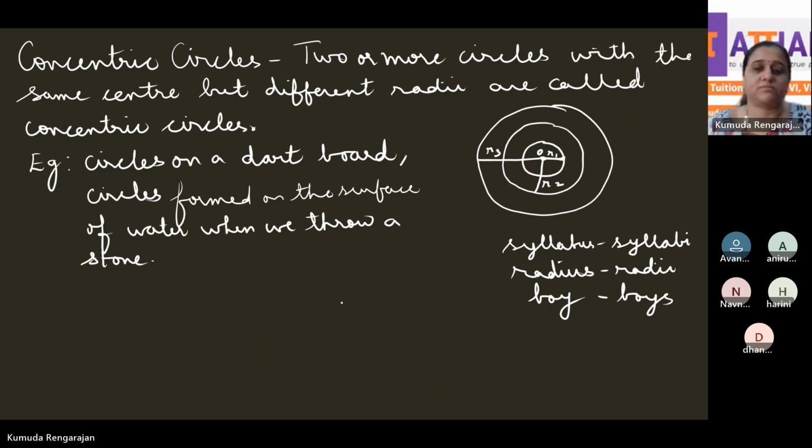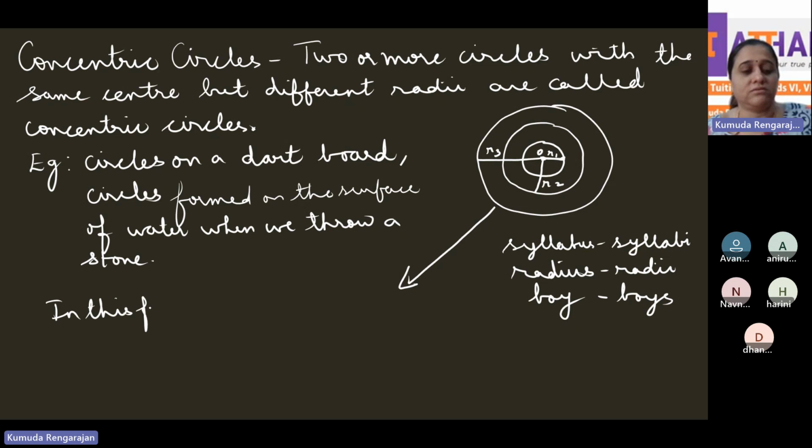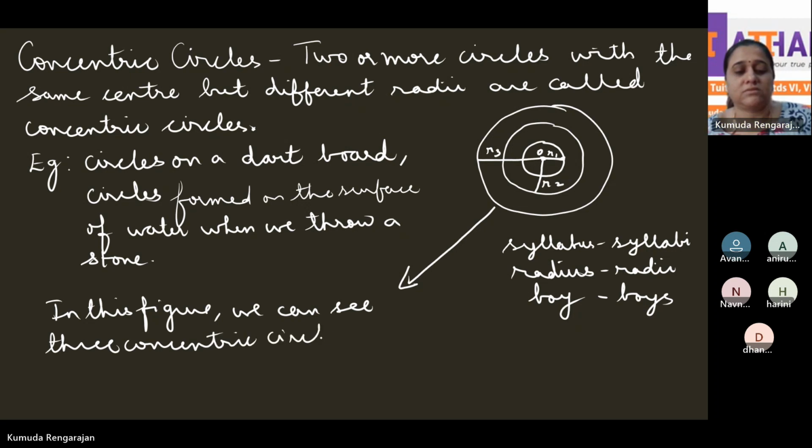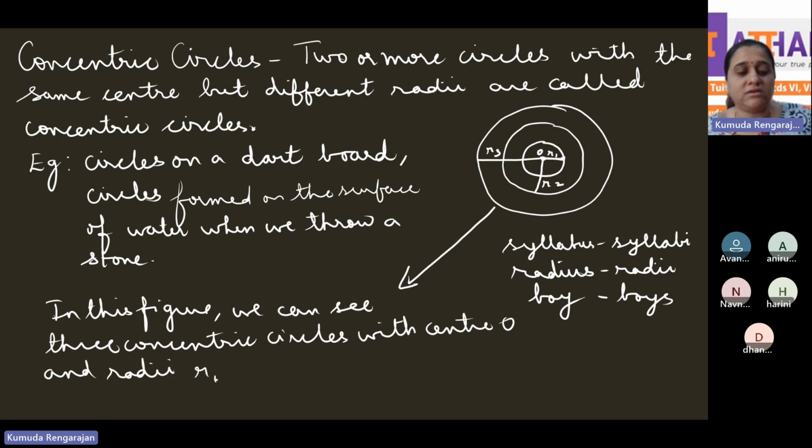So in this figure, we can see three concentric circles with center O, and radii R1, R2, and R3.